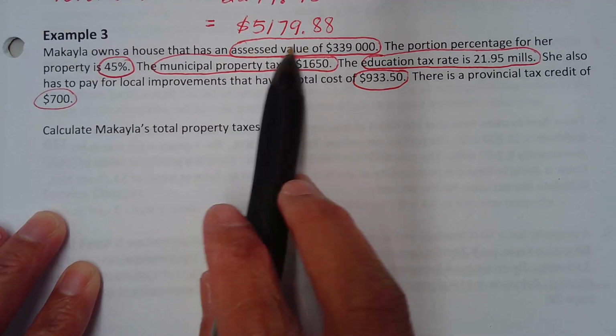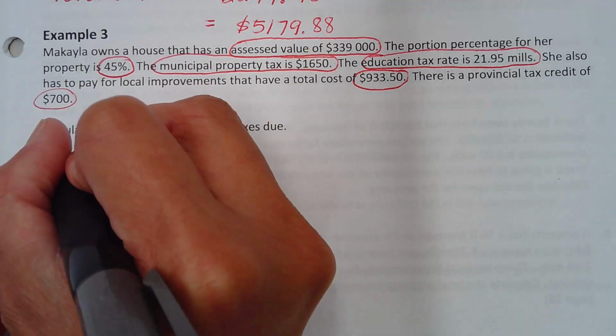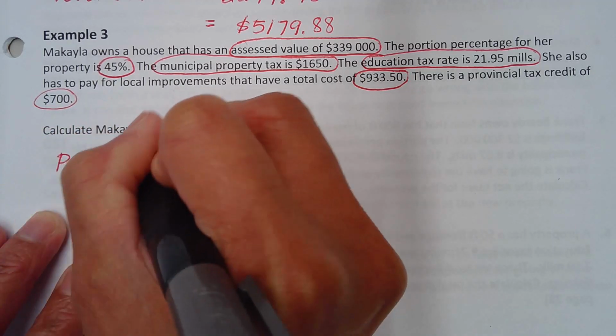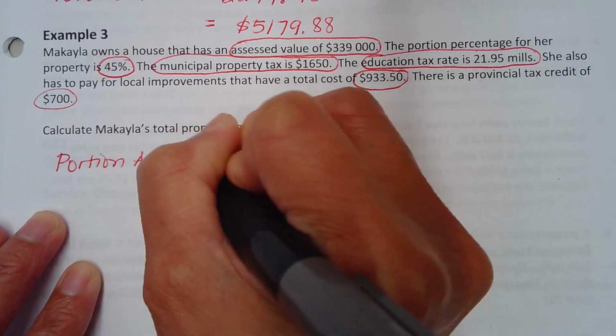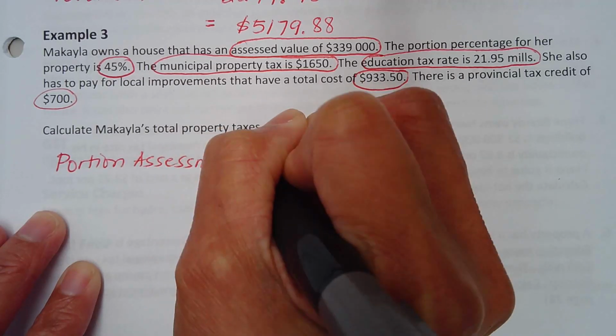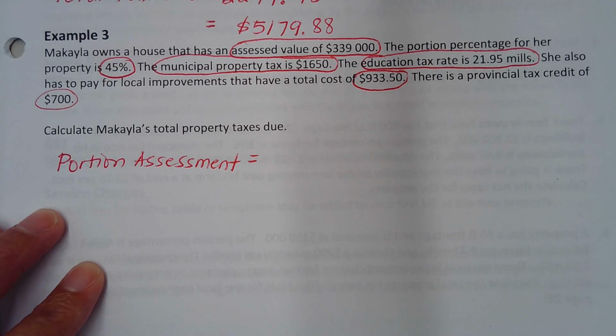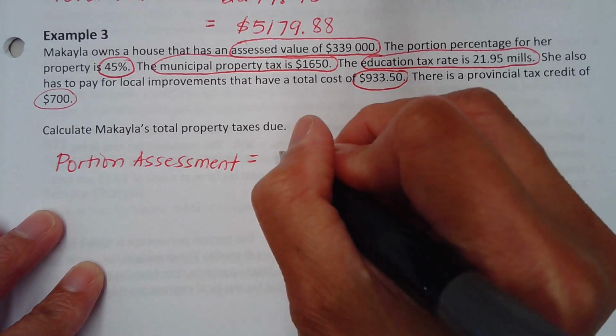This is an assessed value. So the first thing is to calculate the portion assessment. First, calculate the portion assessment. Go ahead, I see people already writing.